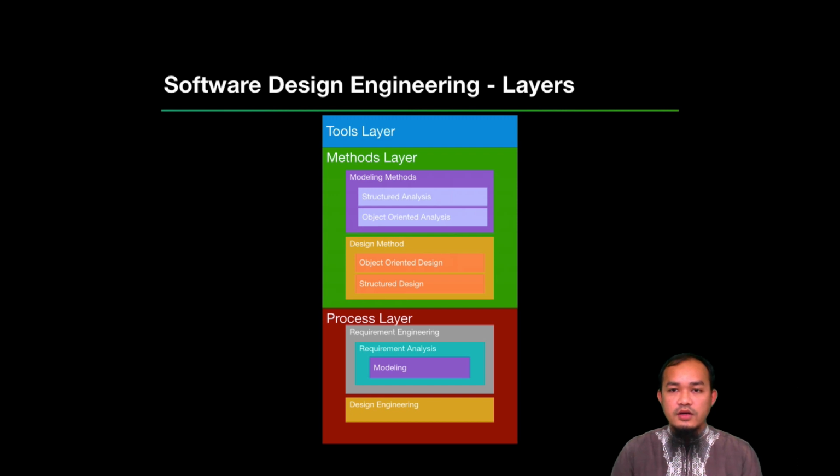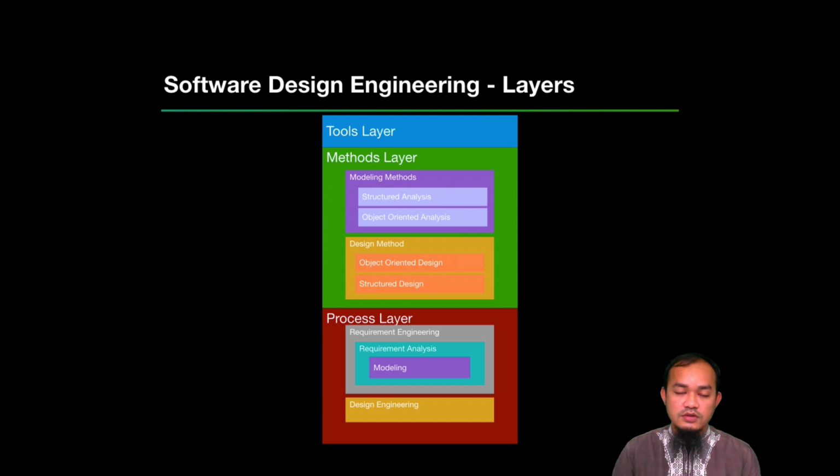If we look at the layers of software engineering, software design is in the process layer, where we have design engineering, and in the method layer we have design methods that we can implement, both structured design or object oriented design. This is the famous and essential part of software design. Mostly right now they are focusing on object oriented design.